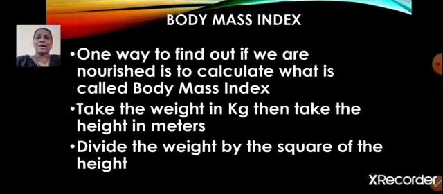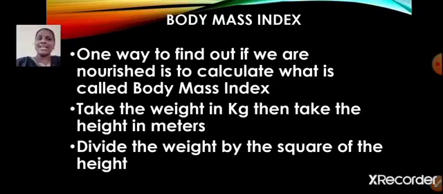Now let us talk about body mass index. One way to find out if we are nourished is to calculate what is called body mass index. With the help of body mass index, we can come to know whether we are nourished or undernourished. Now let us see the steps we need to follow to calculate body mass index.